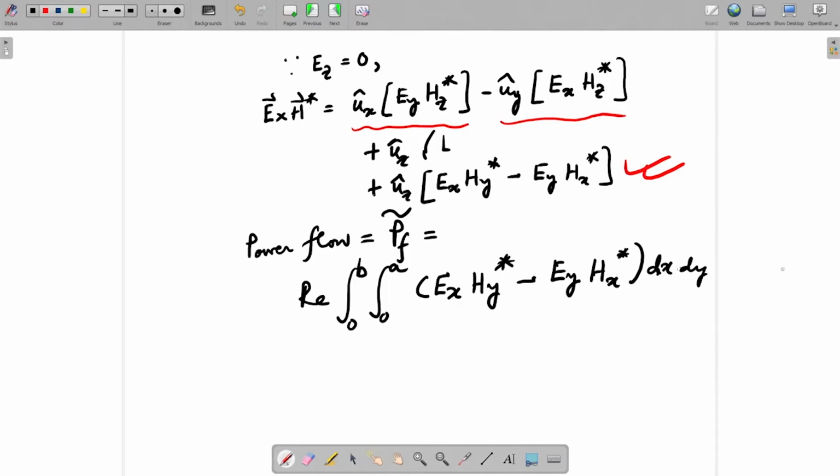Here we are considering the waveguide cross section as before.